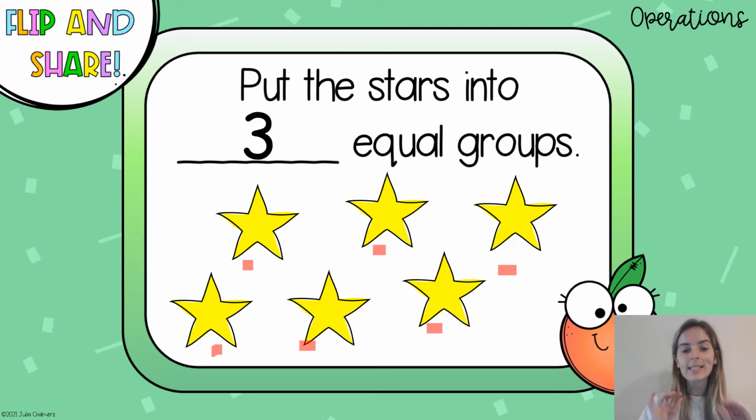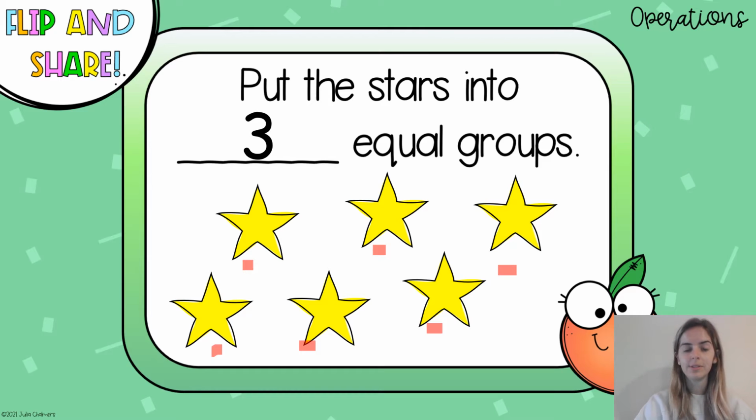They need to be the same amount. So you might like to draw a picture to help you solve this. You could start with 6. You could then make your 3 groups, and then you can put your stars into each group until you don't have any left. So how many stars are in each group? And remember, there are going to be 3 groups.